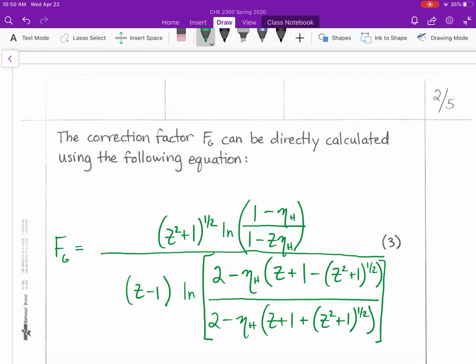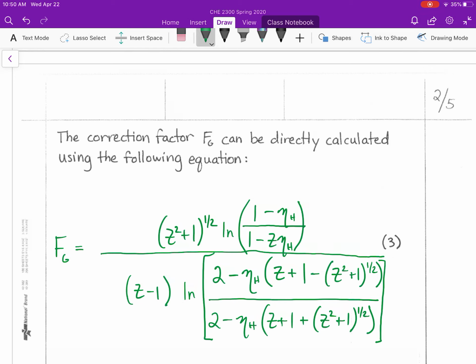So again we can use equation 3 here to directly calculate our correction factor F sub g, as long as we know our parameters, z and eta h.